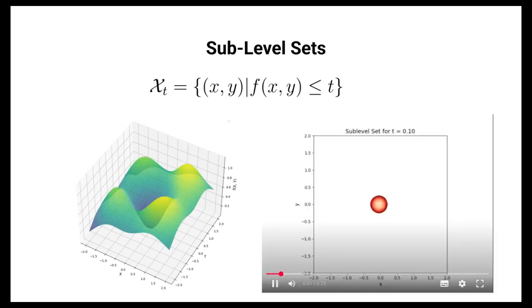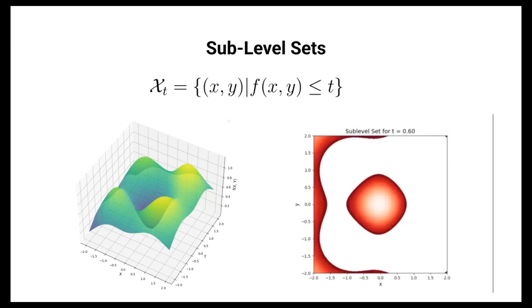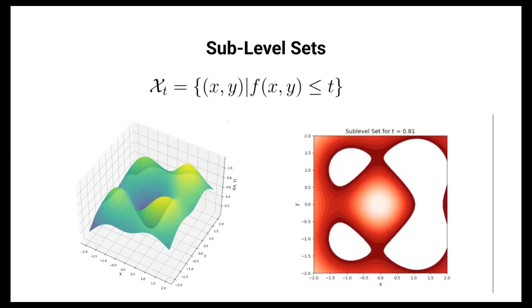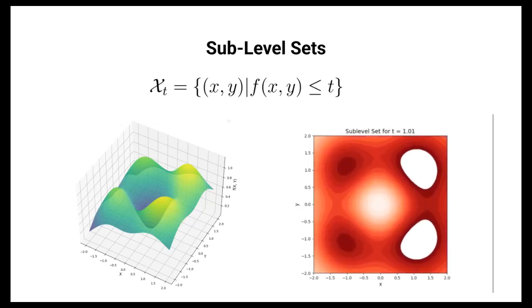In the example, we observe that starting from an empty set, a connected component appears at the global minimum. Then new holes emerge at saddle points, and finally these holes are filled in correspondence with local maxima.